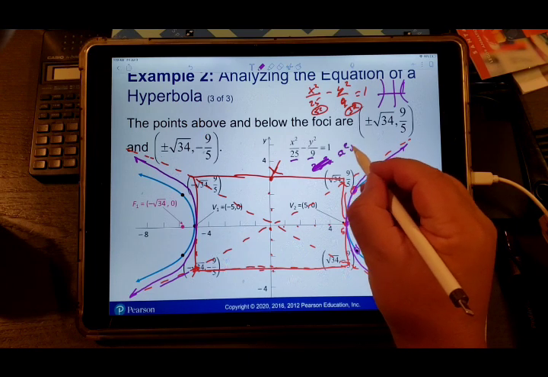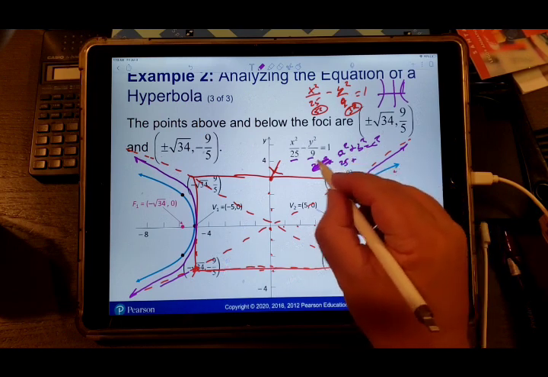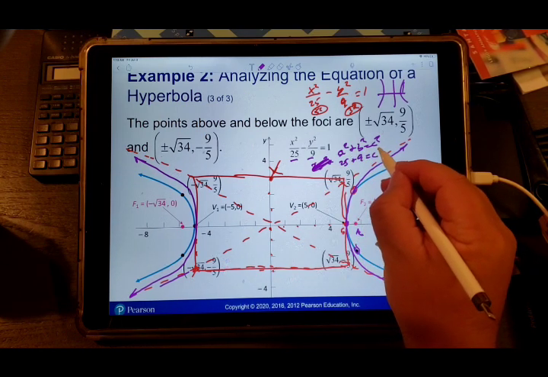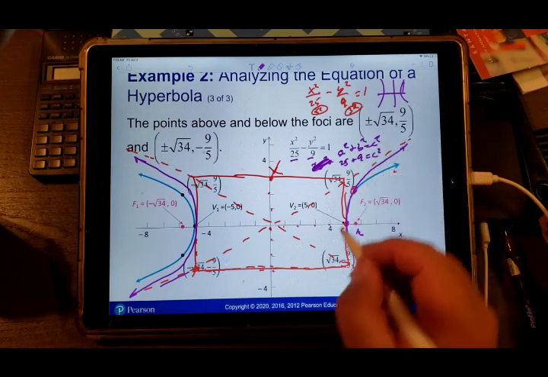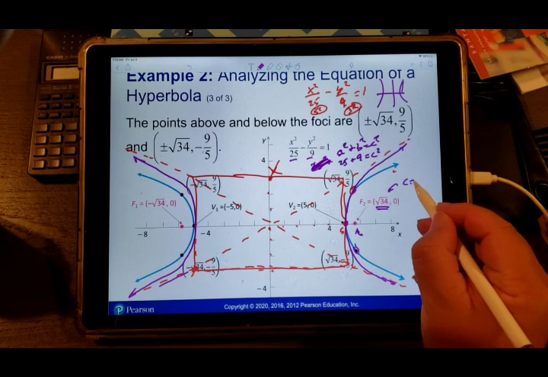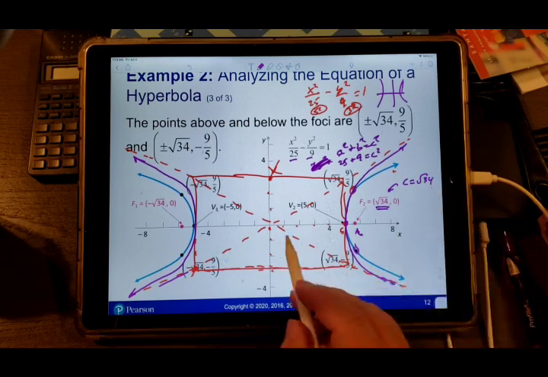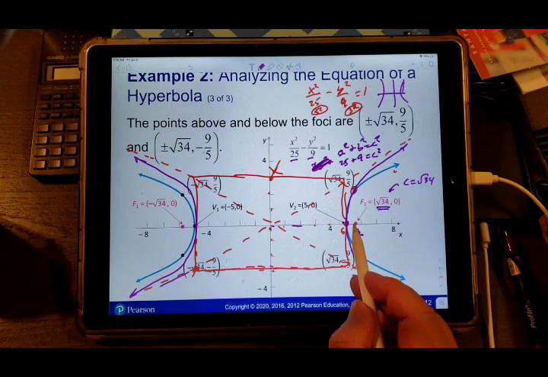A squared plus b squared equals c squared. So a squared is 25, b squared is 9. That's equal to c squared. So c squared is 34. So if c squared is 34, c is the square root of 34.